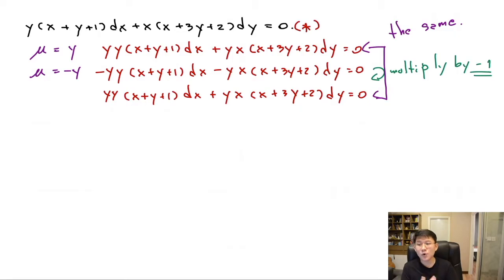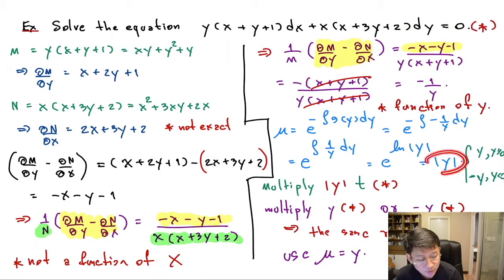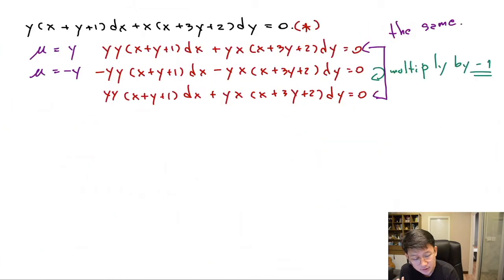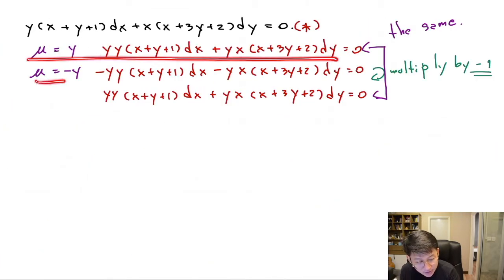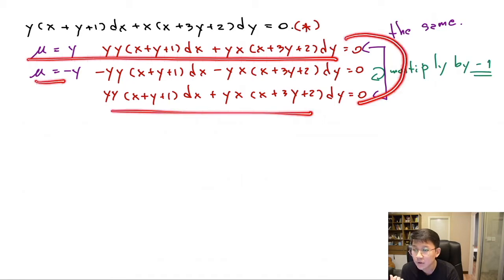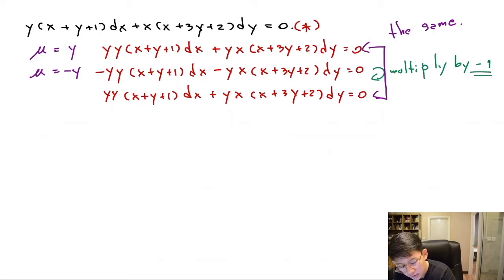So even if mu can be absolute y, which is y or minus y, you don't care. Because if you use mu as y, you get this. If you use mu as minus y, you get this, which is exactly the same. So I'm just going to ignore this case and let mu be just y.